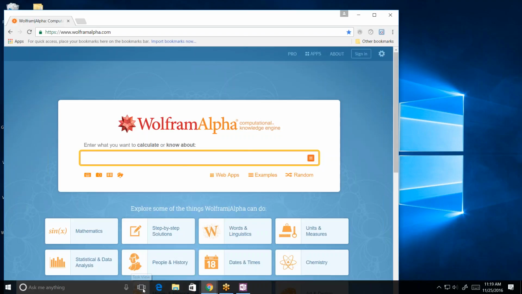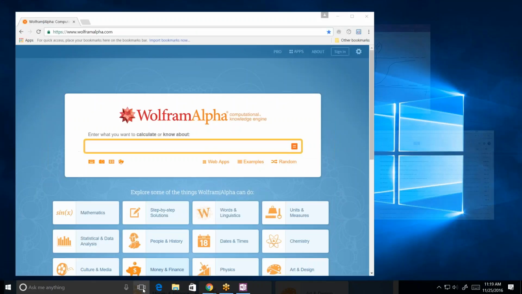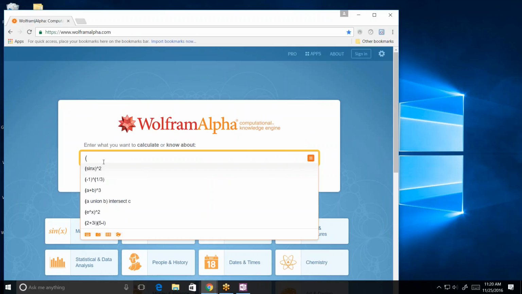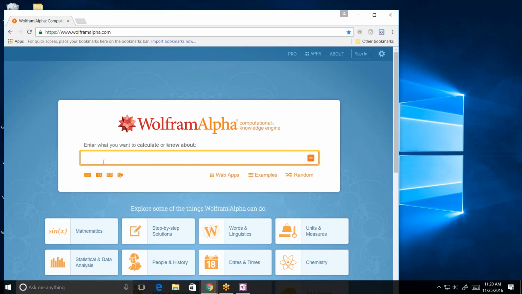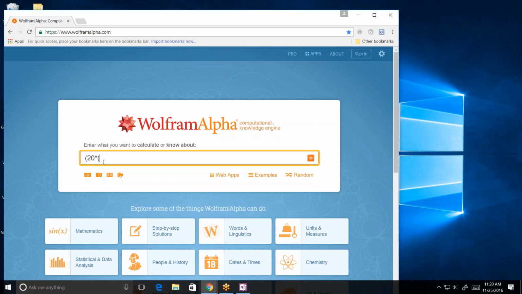Now, let me look at that again. It's 20 times 5 plus 3, all divided by 20 times quantity, 5 plus 3t, parentheses, parentheses, all divided by t?